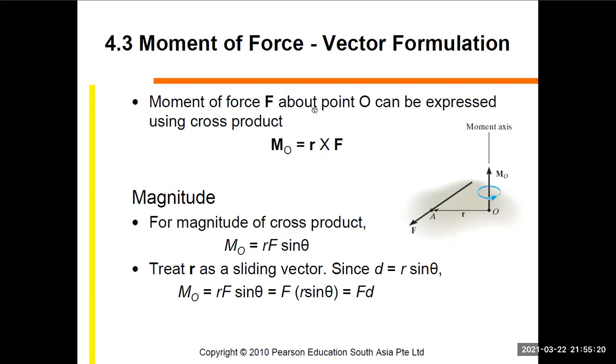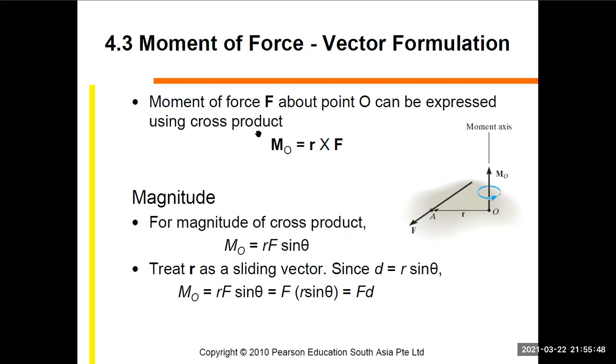So the moment of force F about point O can be expressed using the cross product. So M about O equals R cross F. Here we start talking about how to find the moment in a vector formulation. Of course we talked about perpendicular distance, so now we talk about the position vector from point O to the line of action of the force vector.